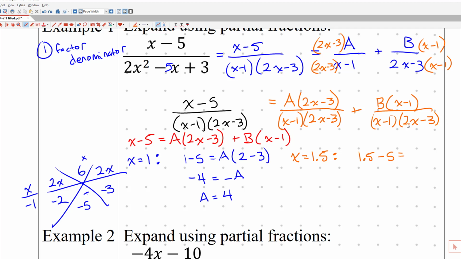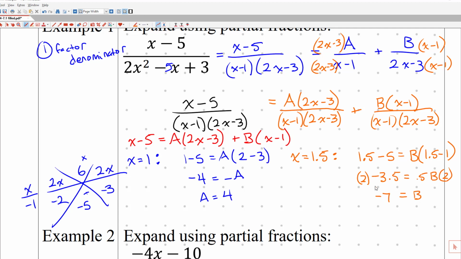That's 0, so it's going to be b times 1.5 minus 1, and then from there I'll get negative 3.5 is equal to 0.5 b, and I'm going to double both sides, times 2 on this side, times 2 on this side, and I get negative 7 is equal to b.